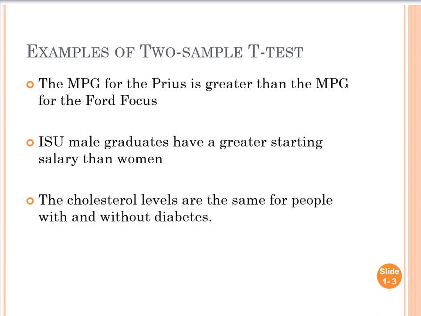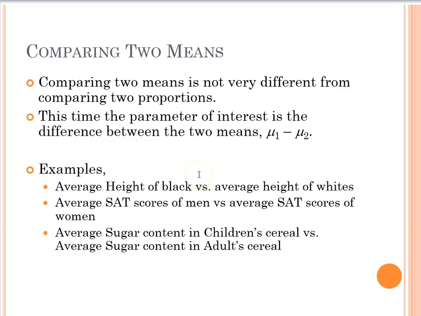Just like the proportion test, the new parameter that we're interested in is the difference between the two groups. That is, average 1 compared to average 2. So we're looking at the total difference between these two groups. Here are a few examples of what I'm talking about. So we're comparing the average SAT scores of men to the average SAT scores of women.